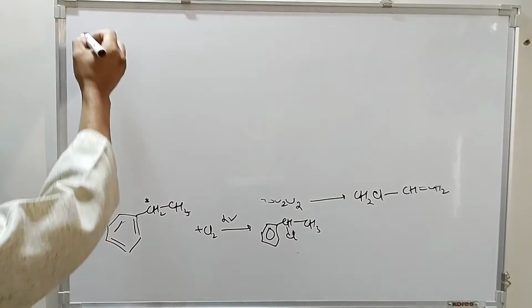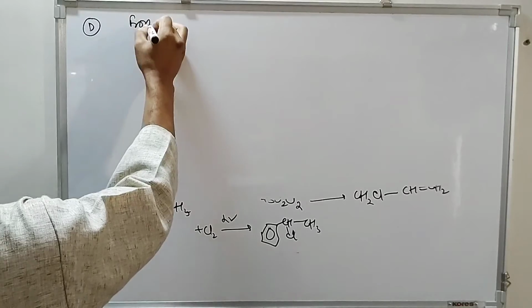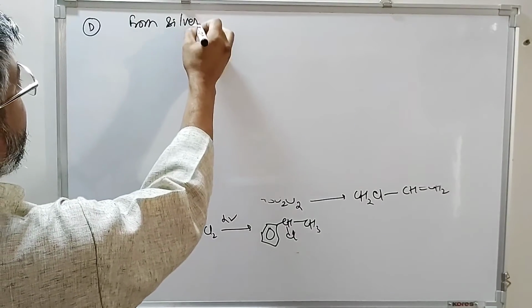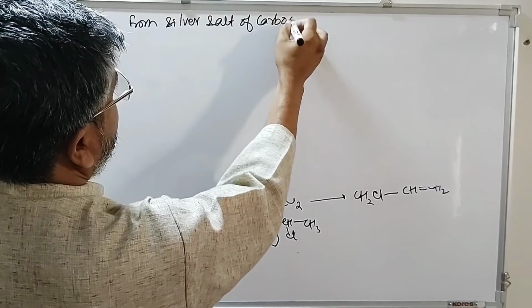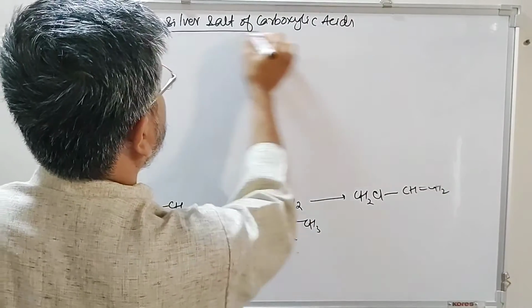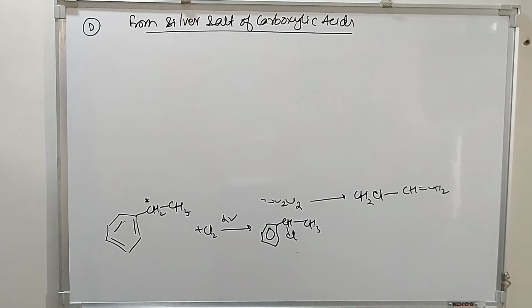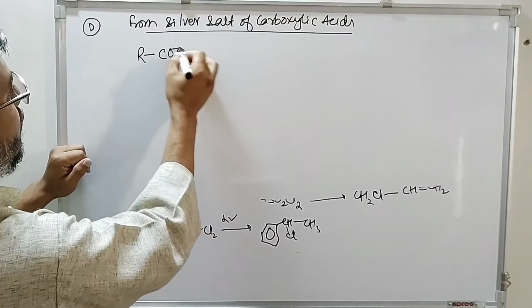Next method, that is from silver salt of carboxylic acids. So we have RCOOAg.